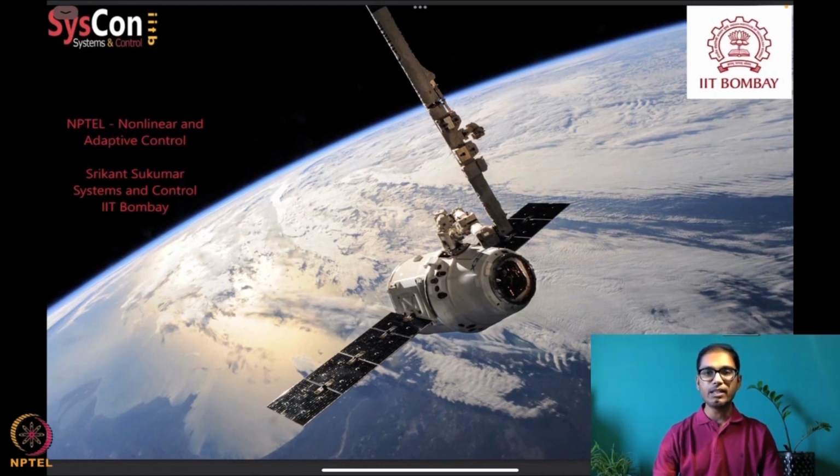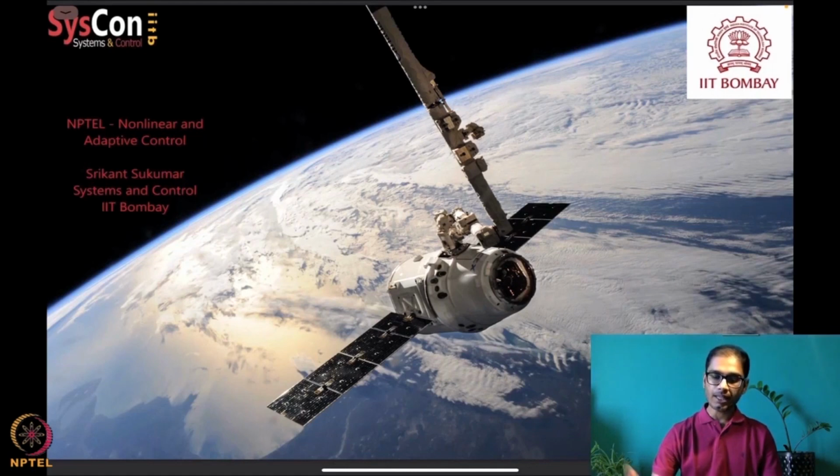And this week we have started the journey into a new method of adaptive control design, which is the backstepping based adaptive control design. As always, we are motivated by this very nice background image which depicts the application of nonlinear adaptive control to space systems such as an autonomous satellite which is orbiting the Earth.